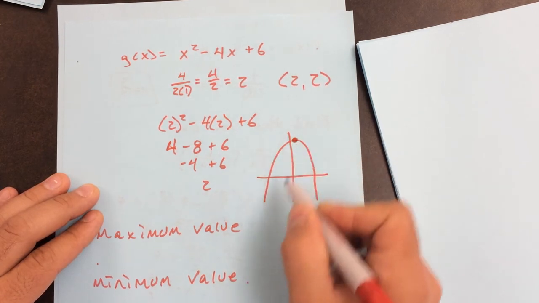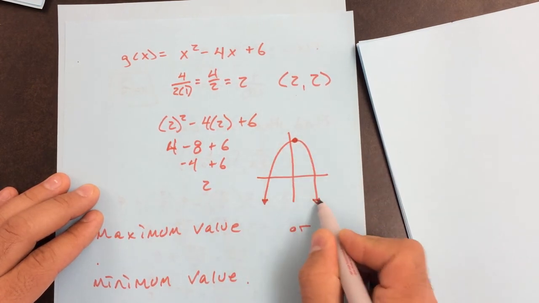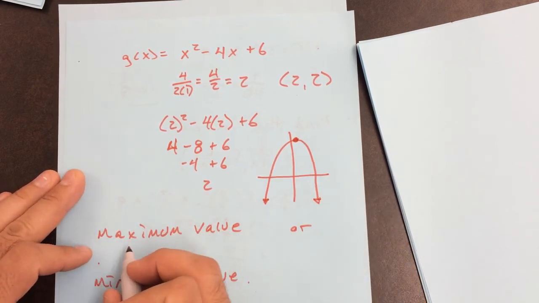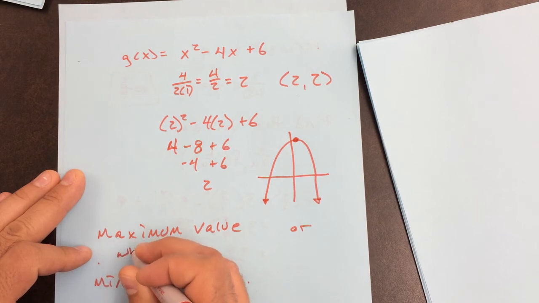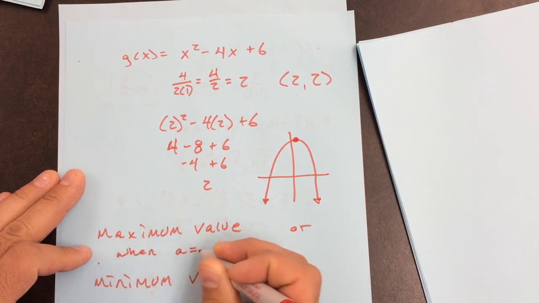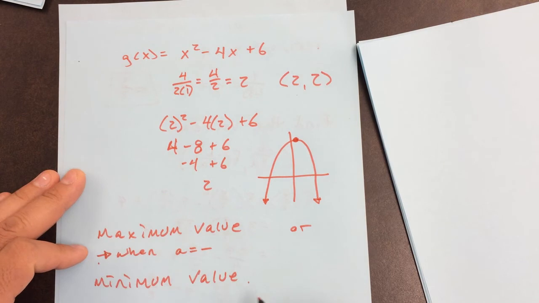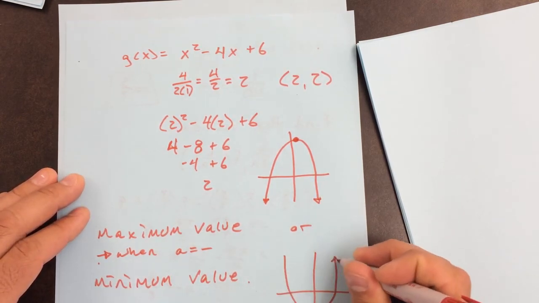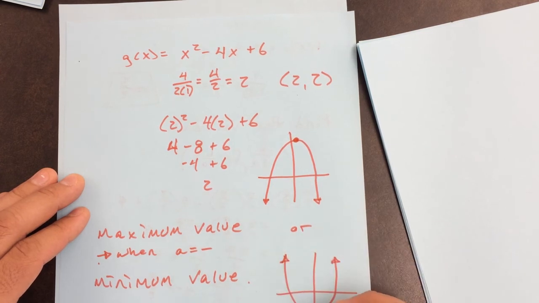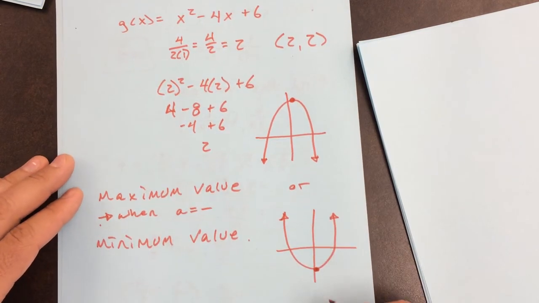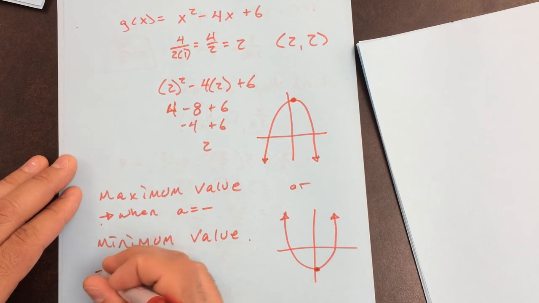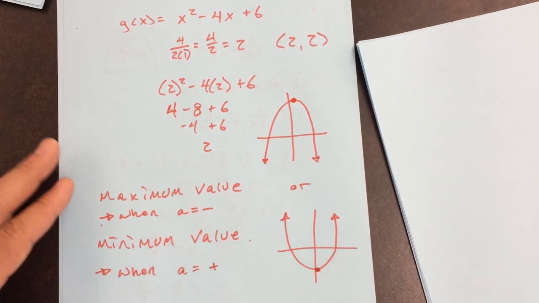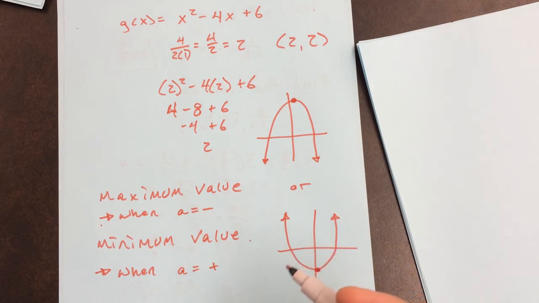Maximum meaning the highest point is right there. So you're going to have a maximum when a equals negative. A minimum is when it's the lowest point. So the lowest point is right there. So that's my minimum value. Minimums are going to happen when a is positive. And that's all that you're really looking for there.